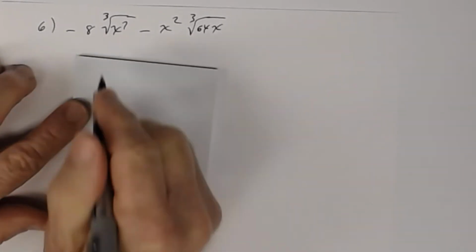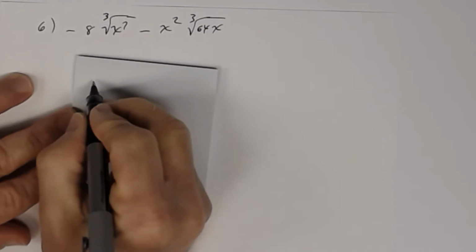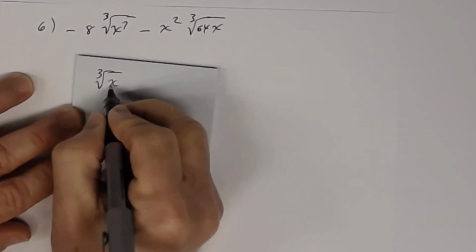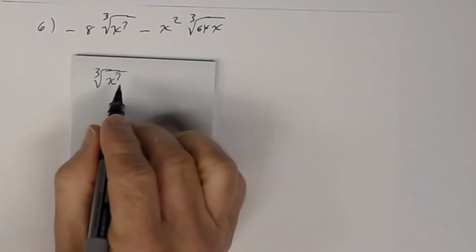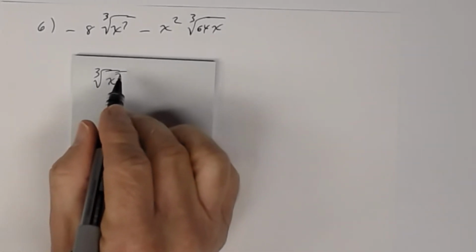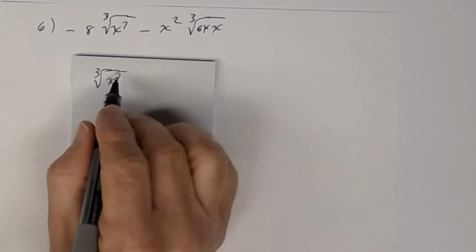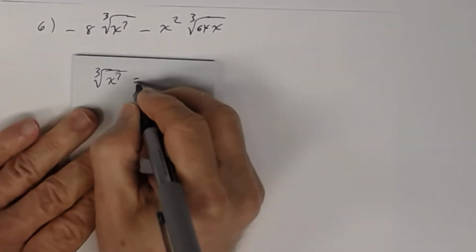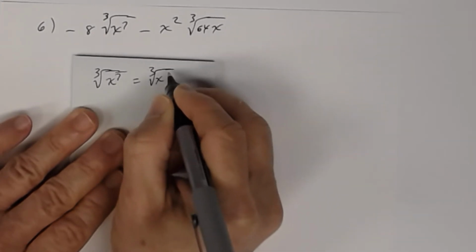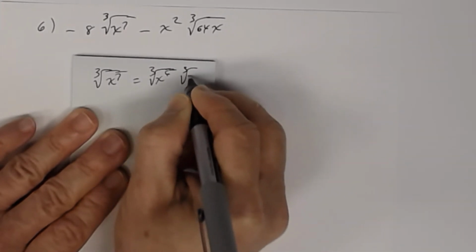So let's talk about this radical, the cube root of x to the 7th. Now, you've dealt with this in previous worksheets and previous lessons. So I'm going to have to rewrite this to use a number that's divisible by 3. So I can write this as the cube root of x to the 6 times the cube root of x.